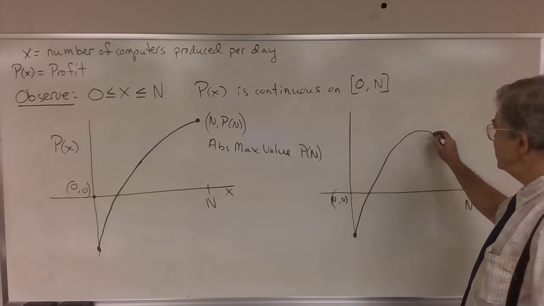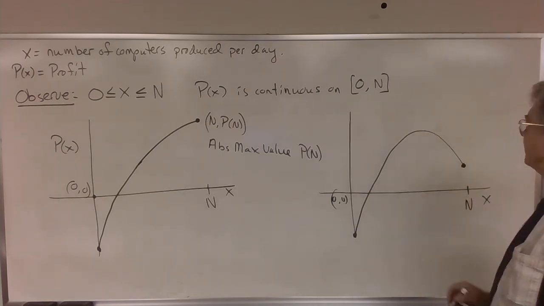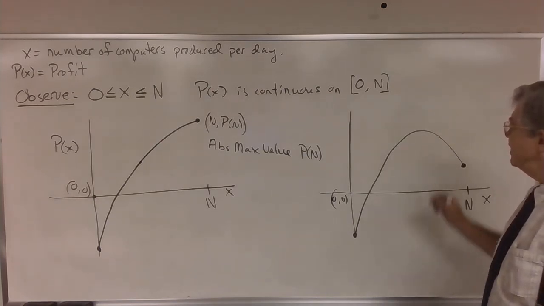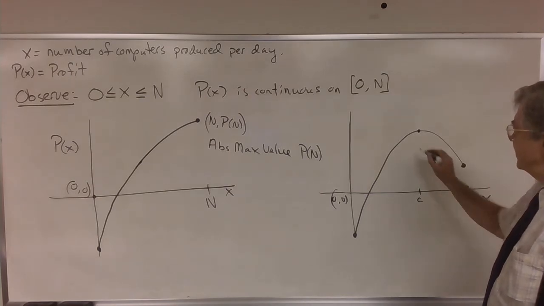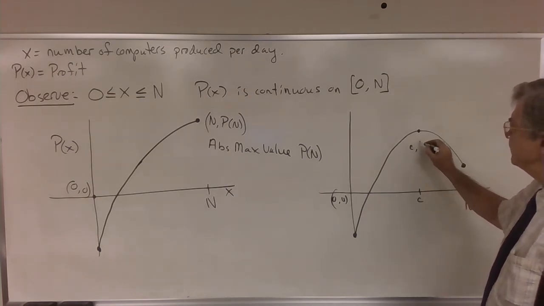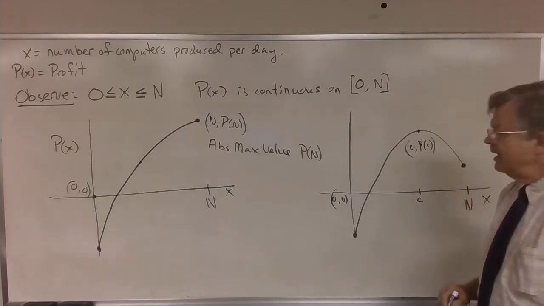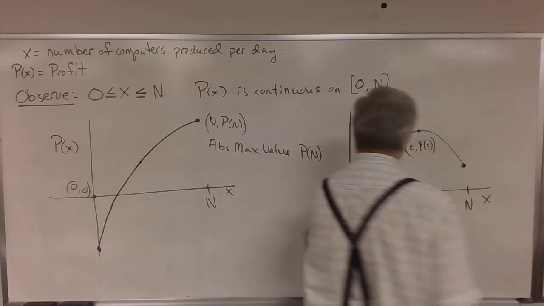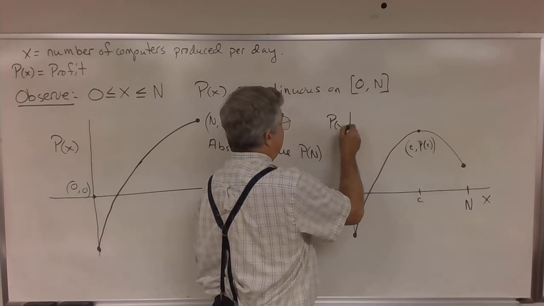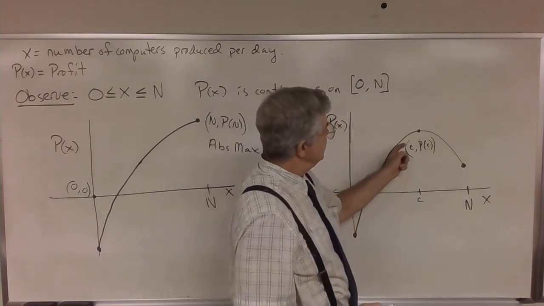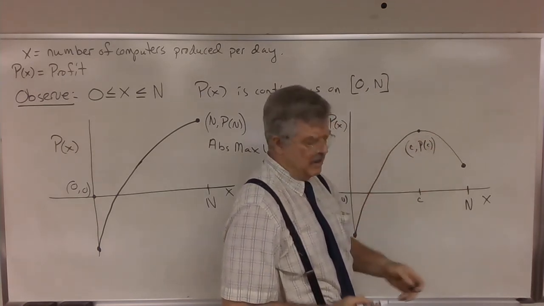But now maybe this happens. Maybe this happens. And my absolute maximum value is at some critical number, C. Now, if I increase production, why would my profit increase until this point, and then all of a sudden start going back down?